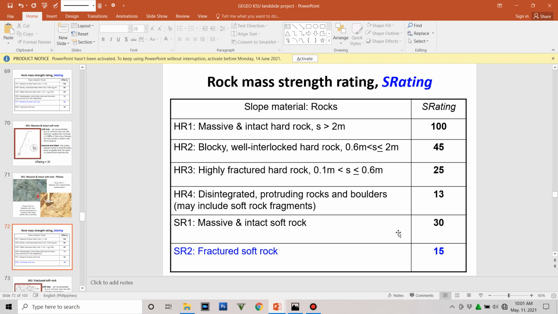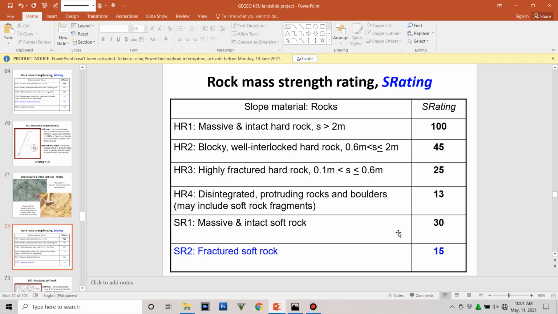So you can see here now that the procedure is very simple. By the use of a 4 inches common wire nail, you can already assess the slope material and identify what is the classification, whether it is hard rock or soft rock.